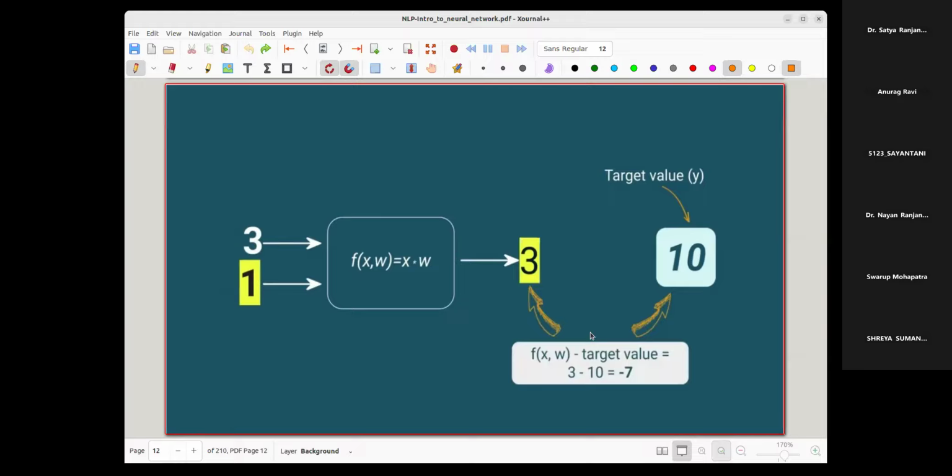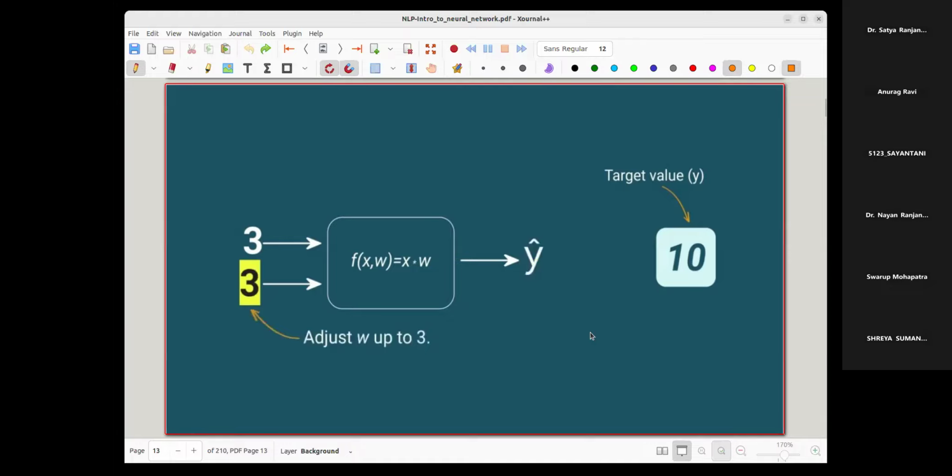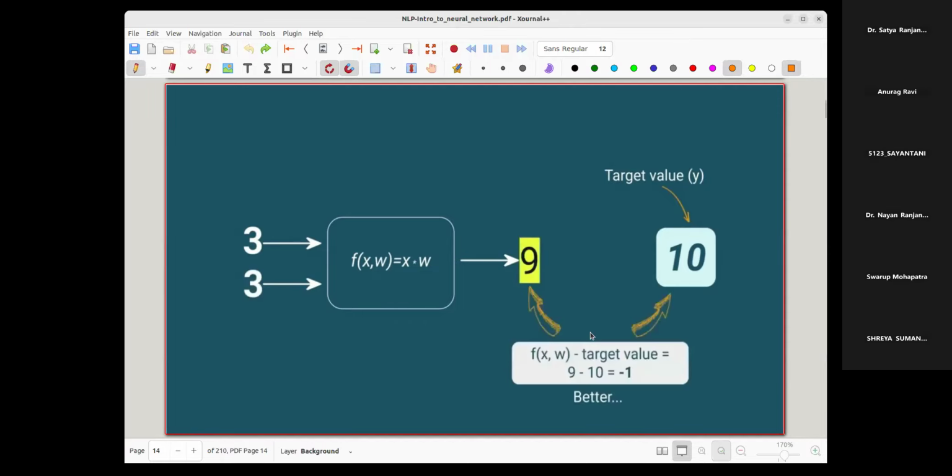Let's change it. We need the output to equal the target, so let's put w as 3. Now the output will be 9. It is close to my target 10, but still off by -1. Let's change w again.